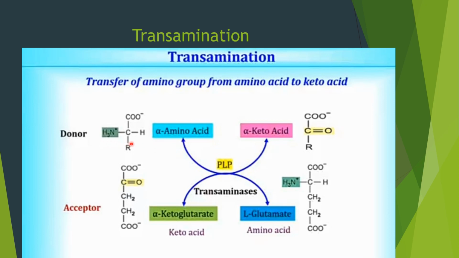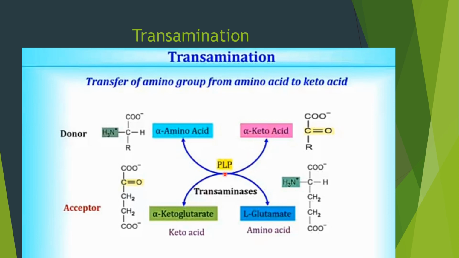It is a donor and it donates the amino group to a keto acid. Alpha ketoglutarate is a keto acid. The amino group from an amino acid is transferred to the keto acid. As a result of this transfer, a new amino acid is formed, that is glutamate, and a second keto acid is formed.